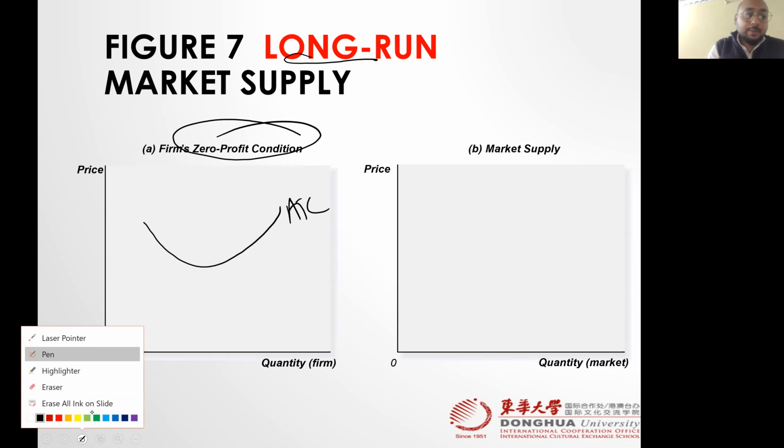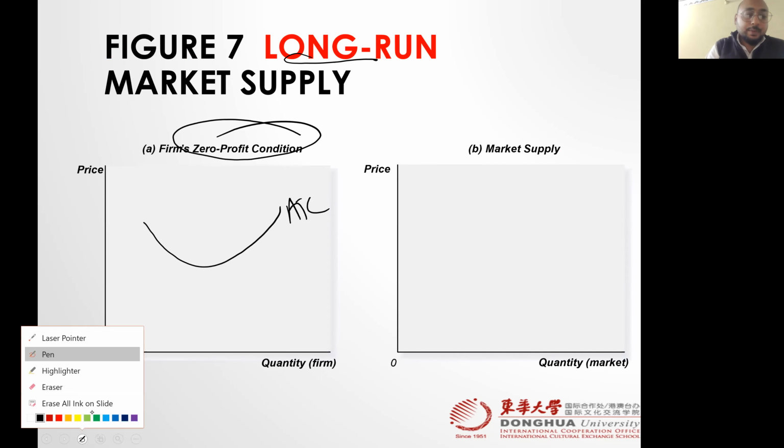So we assume that the sum of all the MCs, in our earlier slides, we discussed that when the price is 1, this firm wants to supply 100, but other firms also want to supply at price 1. So at price 1, there are firms who want to supply 100,000 units.